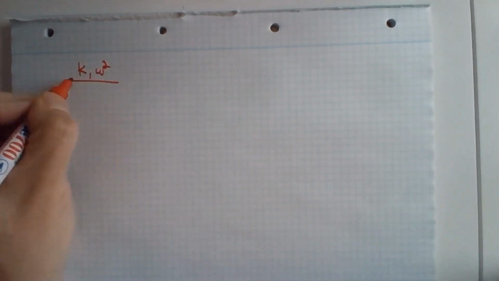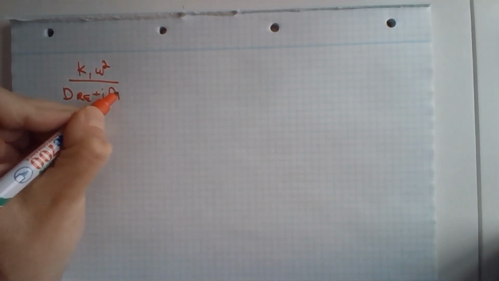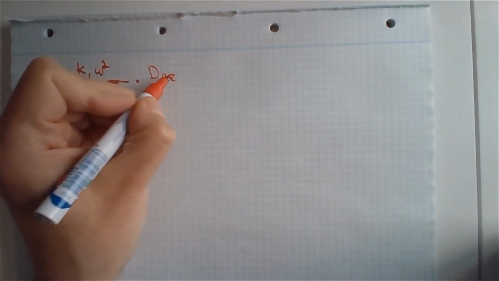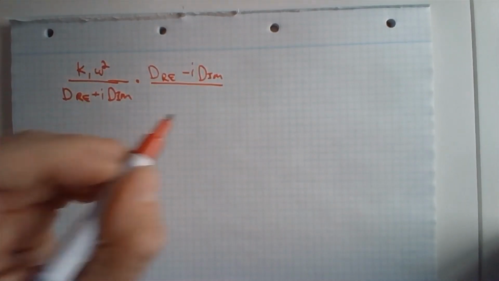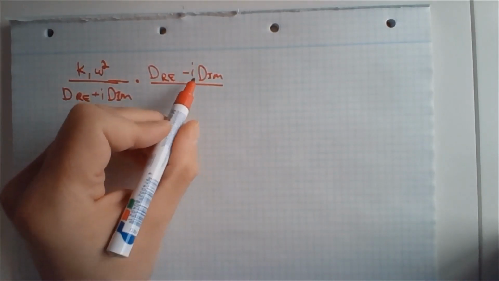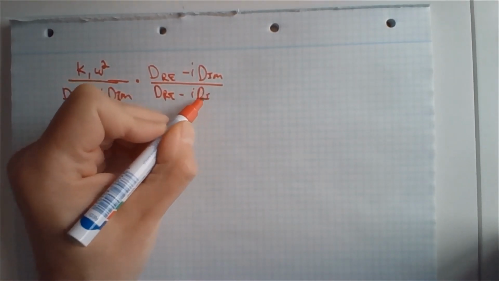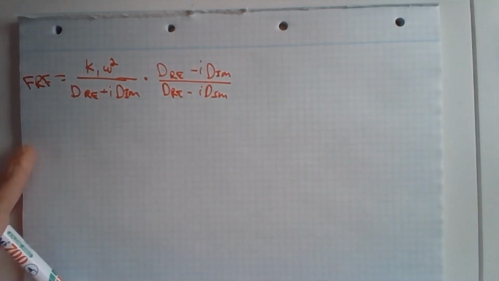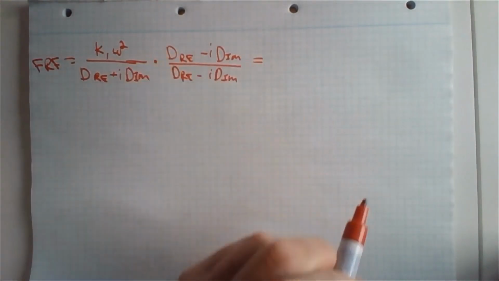Now if we have K1 omega squared divided by DRE plus I DIM, we multiply by the conjugate, because this is an imaginary number, DRE minus I DIM, and then divided by DRE minus I DIM. So we are basically multiplying the frequency response function by unity, by 1. So this is legal to do.